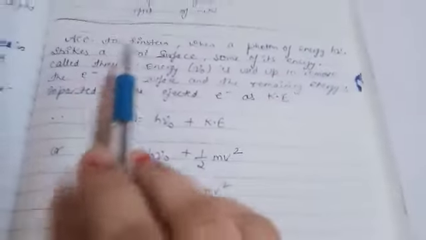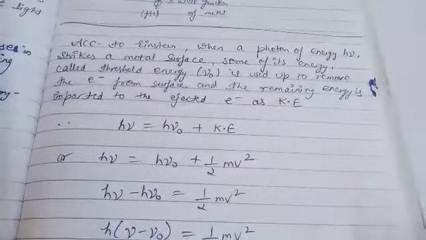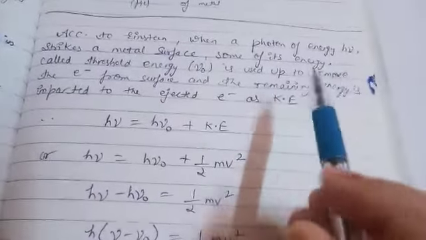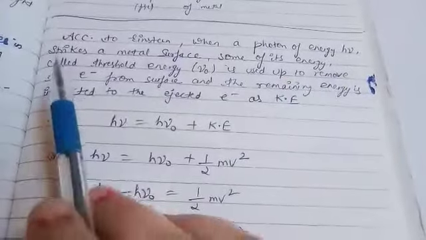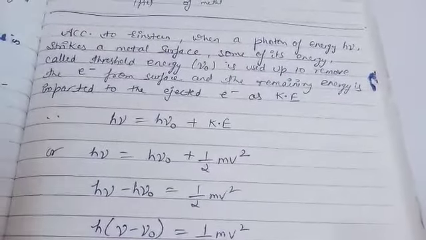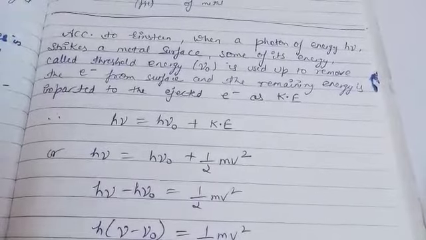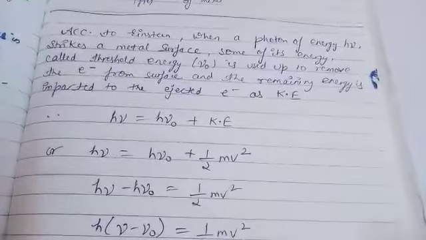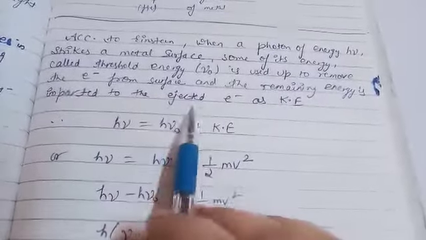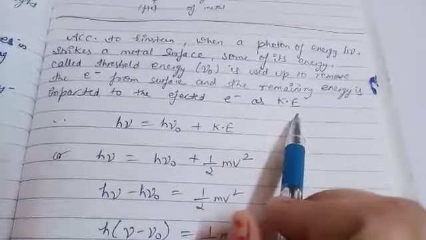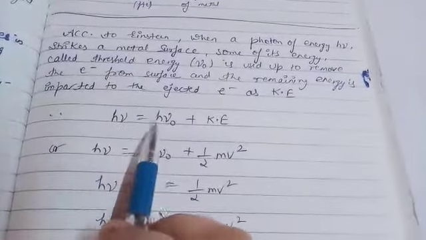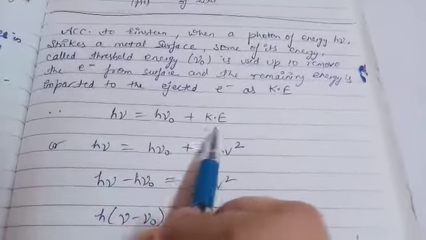According to Einstein, when a photon of energy h nu, photon, you know that we are talking about light, of frequency nu strikes a metal surface, some of its energy, that we call threshold energy, h nu naught, is used to remove the electron from the surface, and the remaining energy is imparted to the ejected electron as kinetic energy. Okay, that one is simple according to Einstein. So this one is h nu is equal to h nu naught plus kinetic energy.